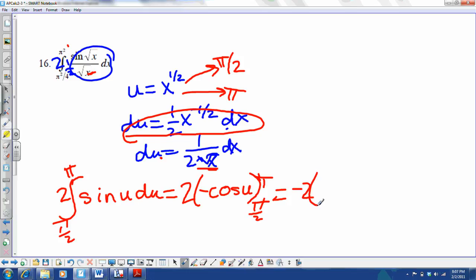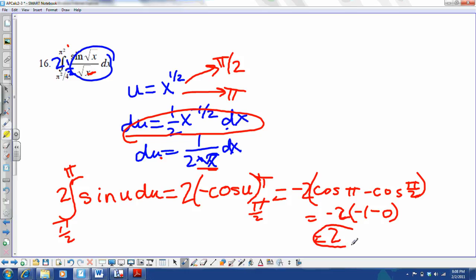So we've got negative 2 times the cosine of pi minus the cosine of pi over 2. The cosine of pi is negative 1, and the cosine of pi over 2 is 0. So I've got negative 2 times negative 1, which is 2.